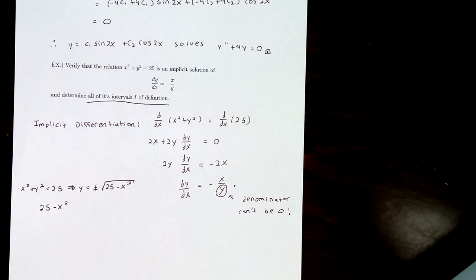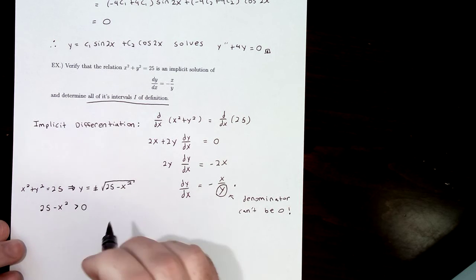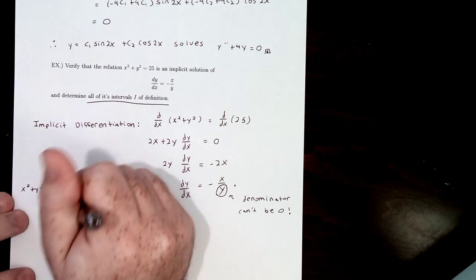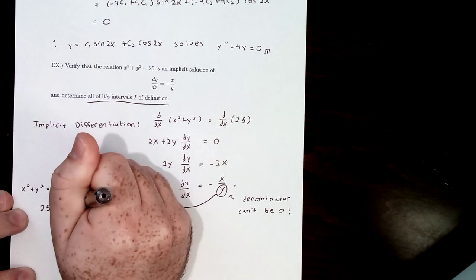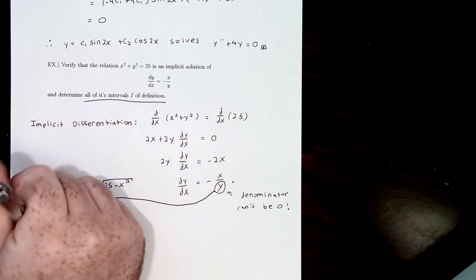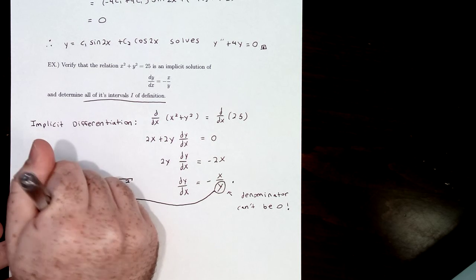However, since the denominator y cannot be 0, then it has to be strictly greater than 0. So for a typical square root function, it would be greater than or equal to, but since the denominator cannot be 0, it must be strictly greater than. So I'm going to make that crystal clear right here. And then this happens only if the absolute value of x is less than 5.